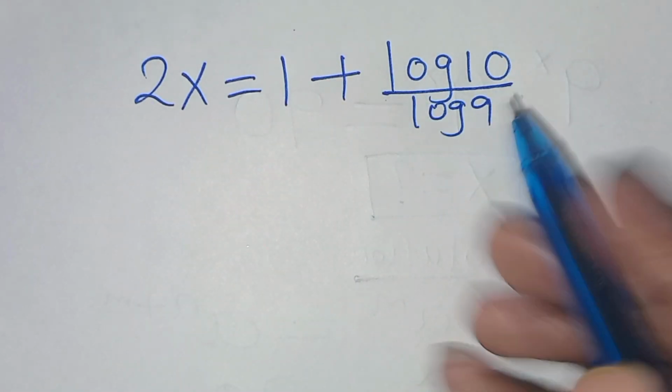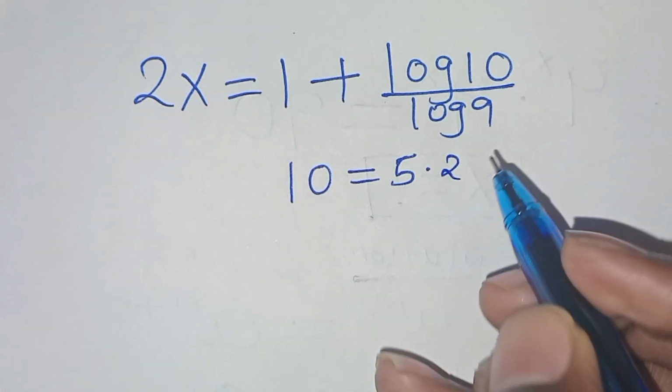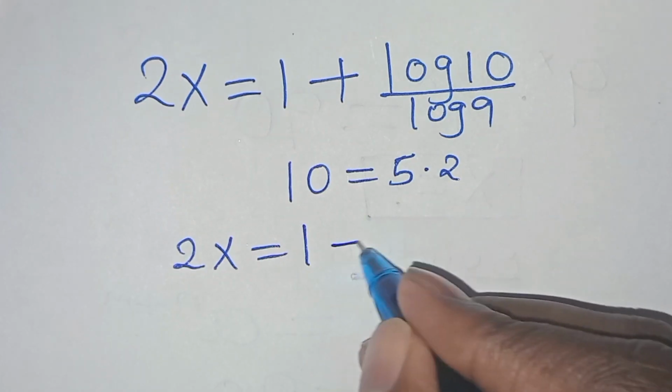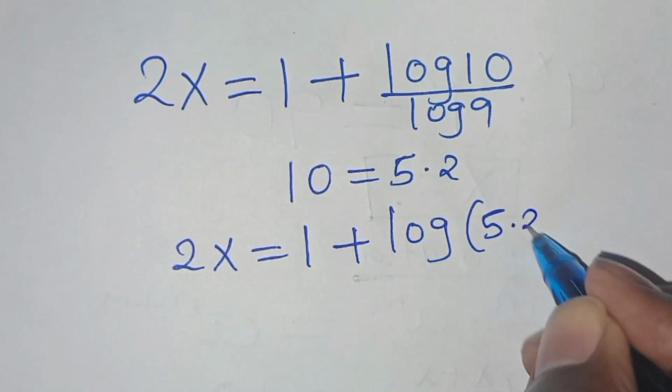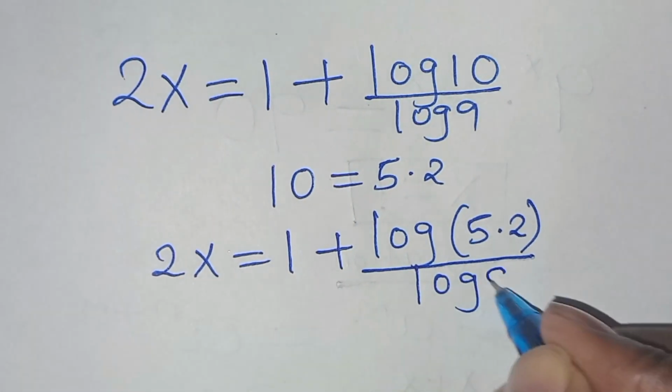Now from here, we can express 10 as 5 times 2. So that here we have 2x, this is equal to 1 plus log 5 times 2, dividing this by log 9.